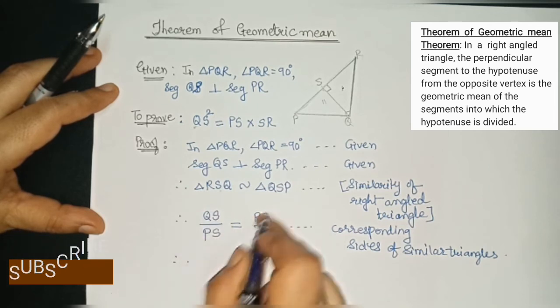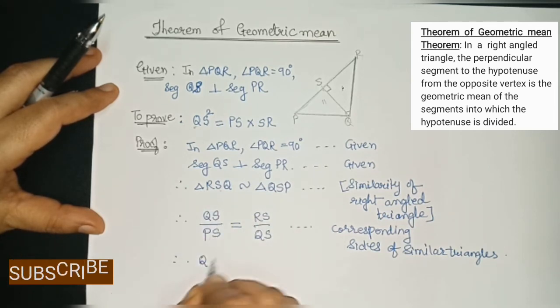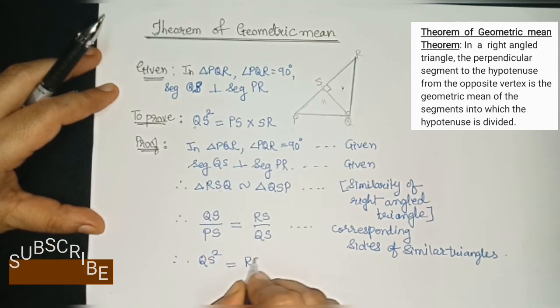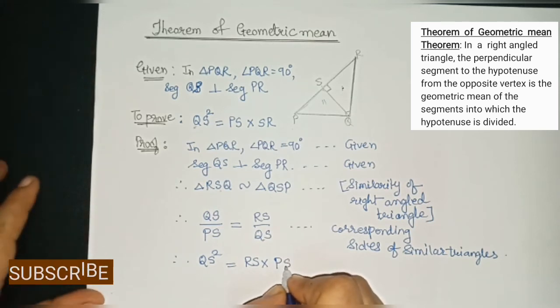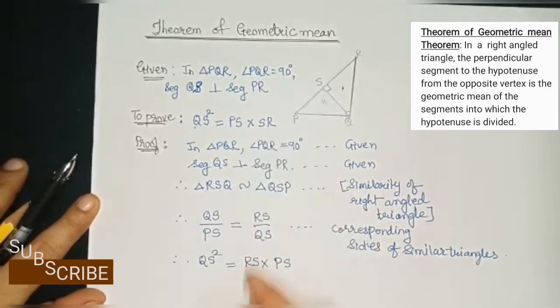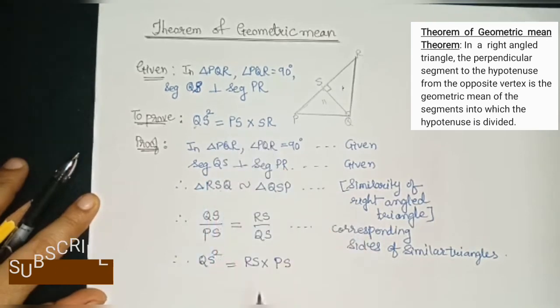Therefore, if you cross multiply, what do we get? QS multiplied by QS, that is QS square, is equal to RS multiplied by PS. So we have got the result: PS multiplied by RS.